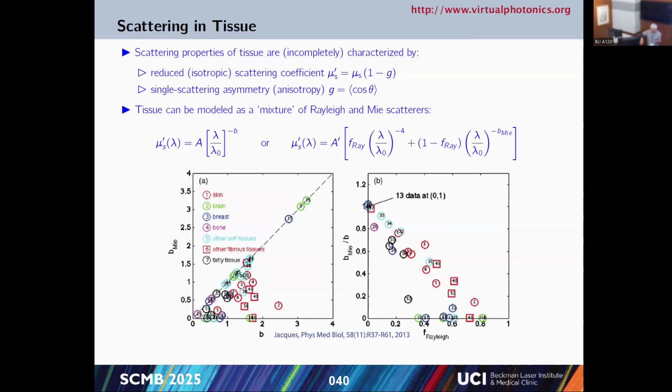So remember how I mentioned earlier going from the transport regime to the diffuse regime. The key element there is that you lose directionality. So if you have a particle that's basically scattering light directly forward, that's not really effective in randomizing your direction, is it? Right?